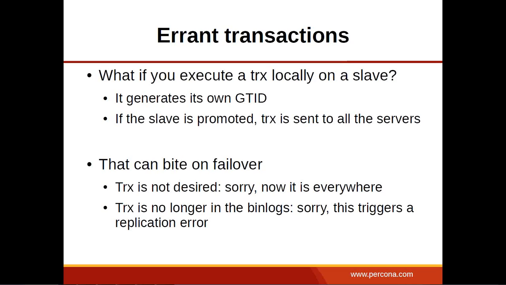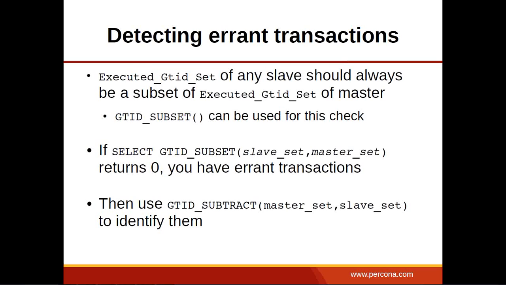Of course, now that we know that errant transactions are potentially dangerous, we want to have a way to detect them. So to do that, it's going to be easy. The idea is that the executed GTID set of any slave should always be a subset of the executed GTID set of the master.